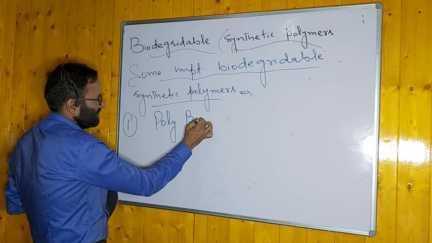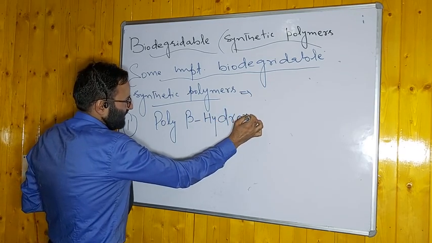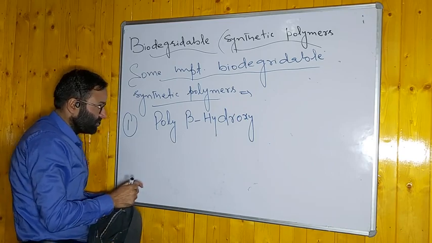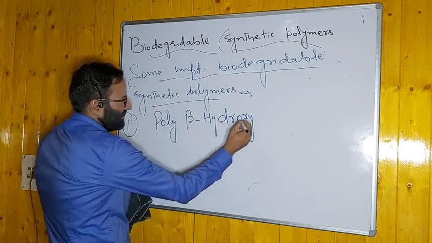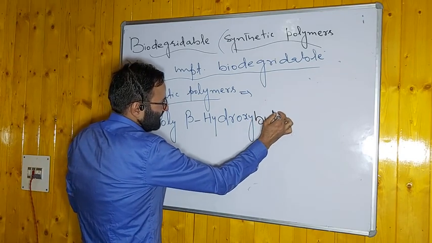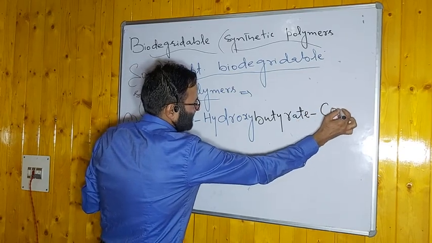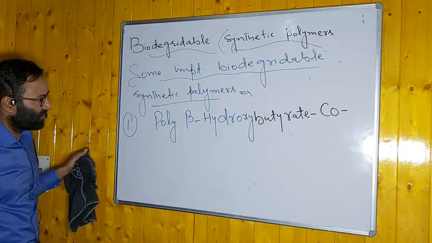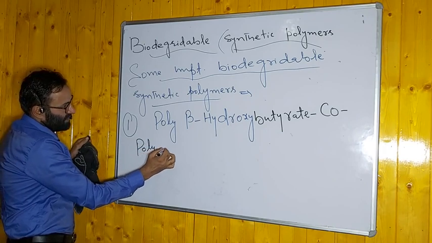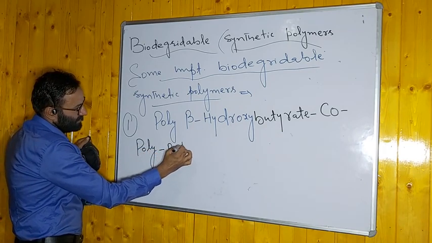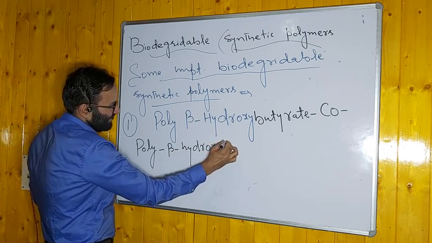polybeta hydroxybutyrate. It means there will be copolymerization with polybeta hydroxyvalerate.